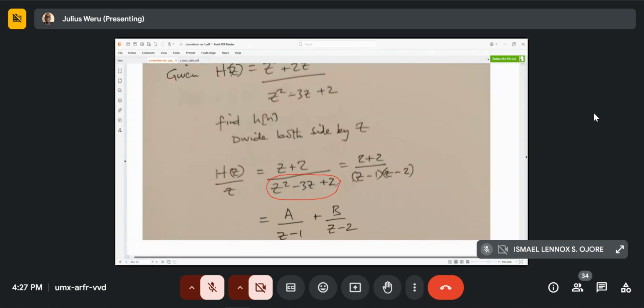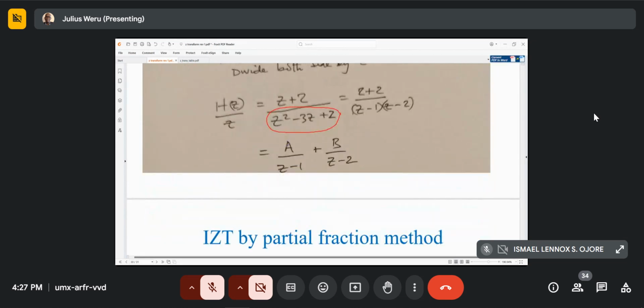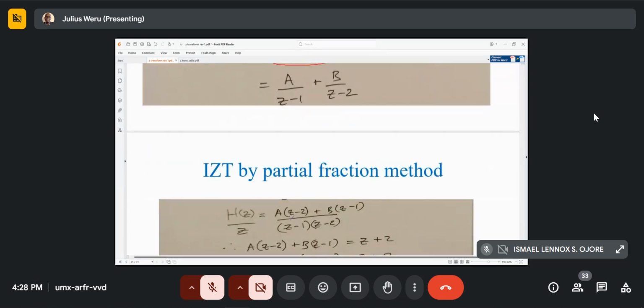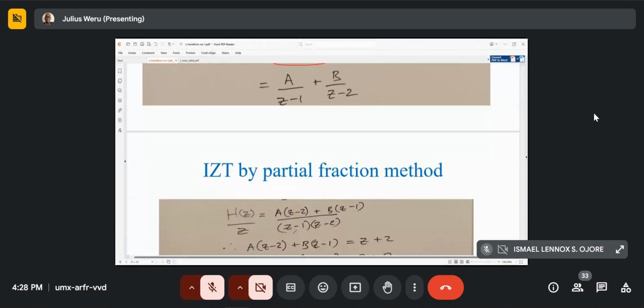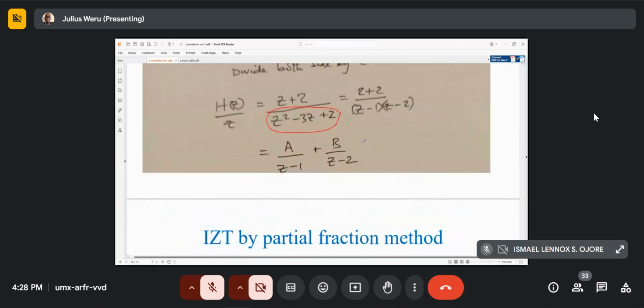So if you have this, then you want to put it in the form A over Z minus 1 plus B over Z minus 2. You can put this in a common denominator, Z minus 1 into Z minus 2.